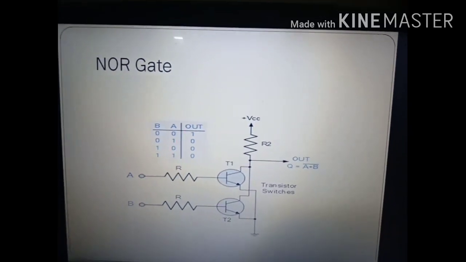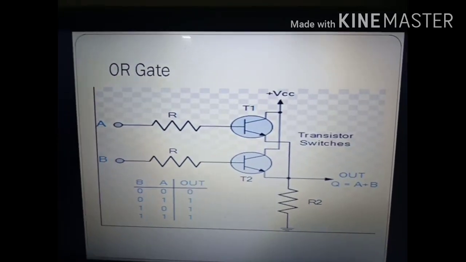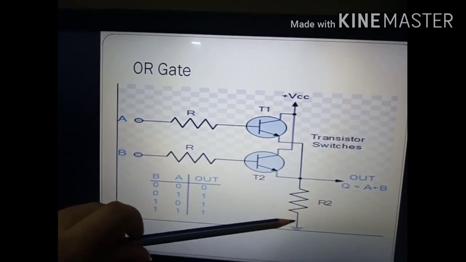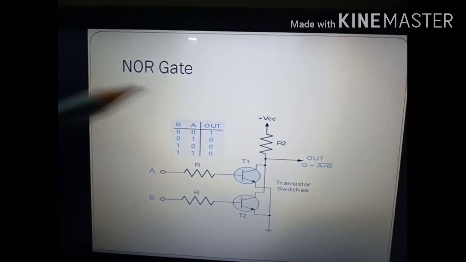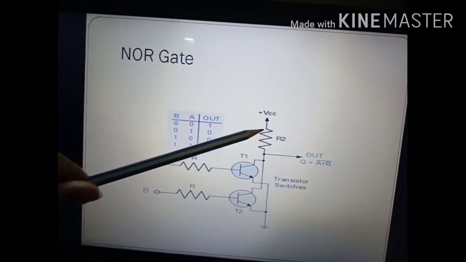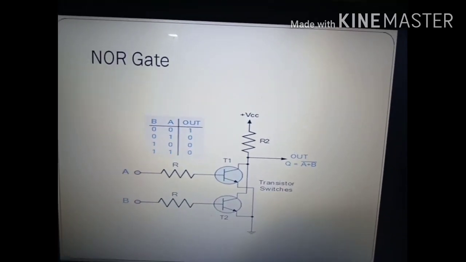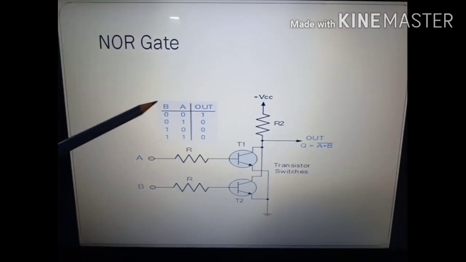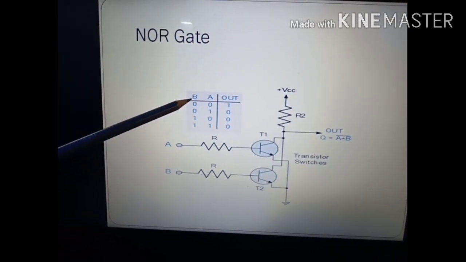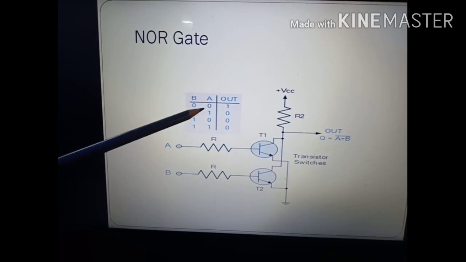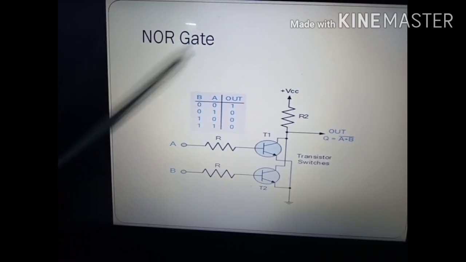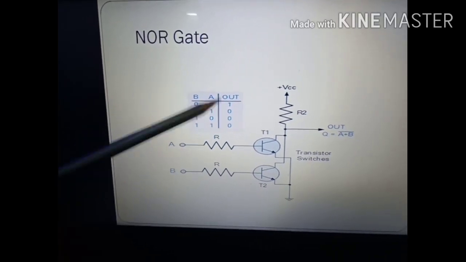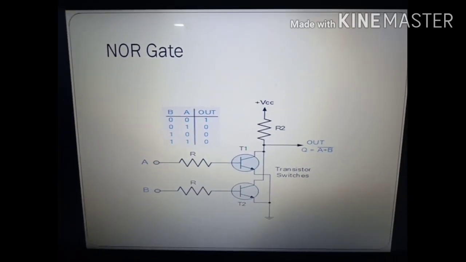In the OR gate, the resistance is connected to the ground point, and in the NOR gate, the resistance is connected to the VCC point, right? Now, from the truth table of the NOR gate, we can say that when the two inputs are in lower state, the output will be higher, but otherwise the output will be lower. This is the opposite case of the OR gate.